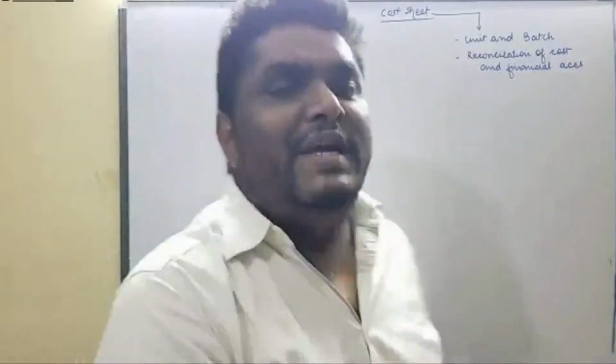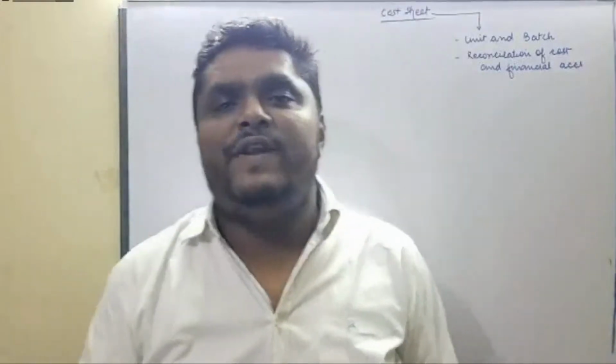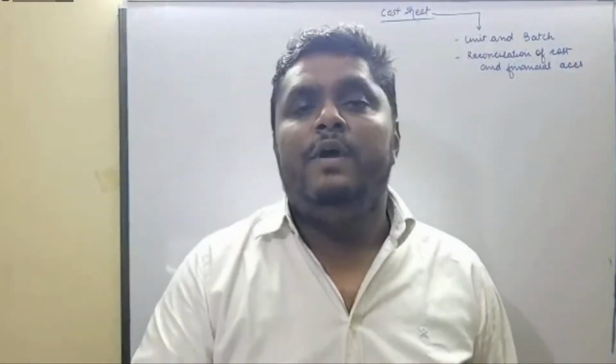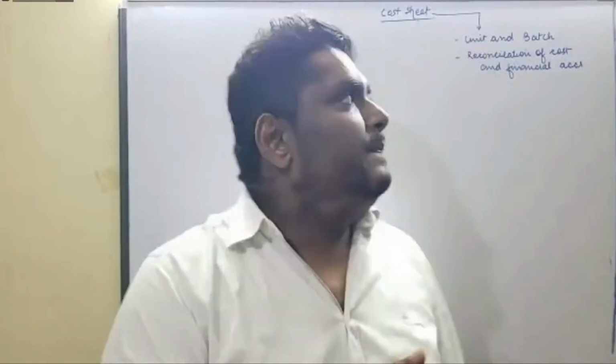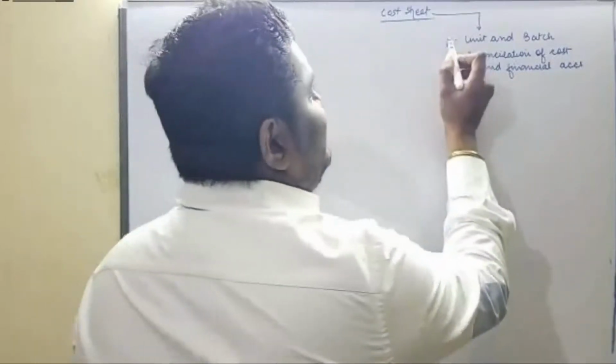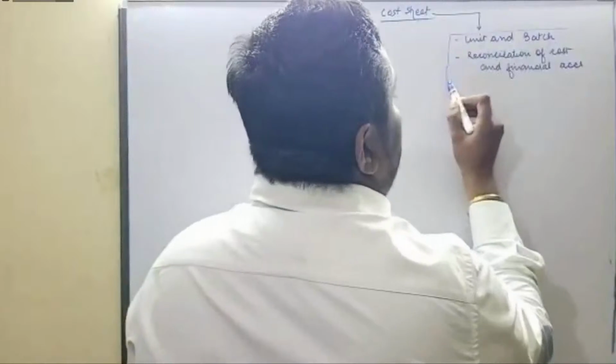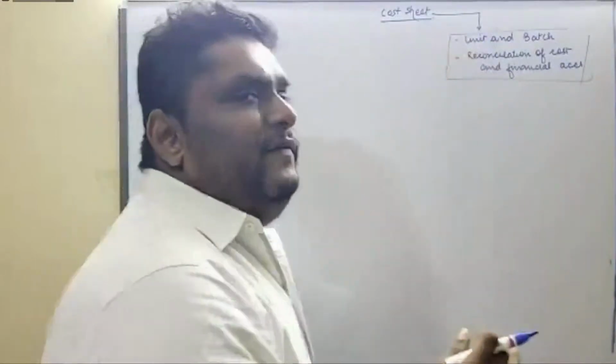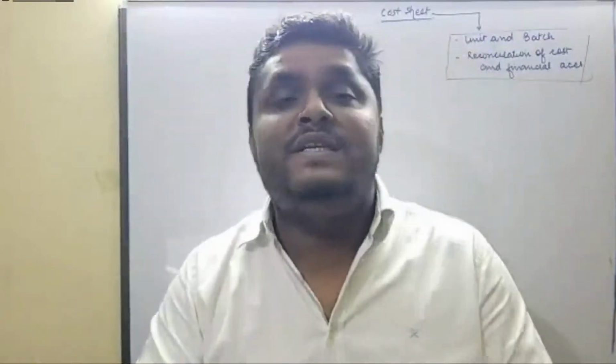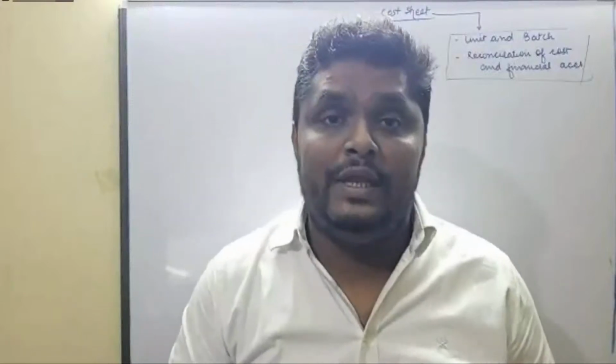Again, there is no separate chapter for reconciliation of cost and financial accounts. It's a part of the chapter named Method of Accounting. So for the better understanding of these two concepts, you have to learn cost sheet first. Before understanding these two chapters, it is very important for you to know cost sheet.